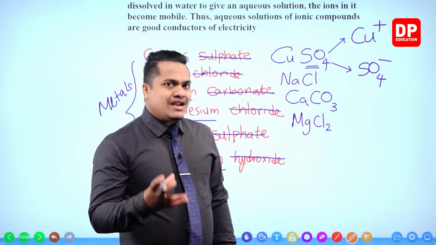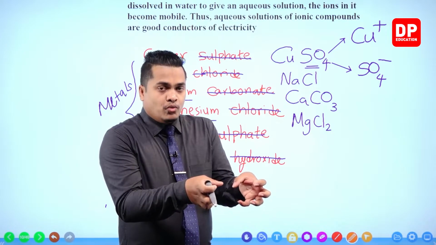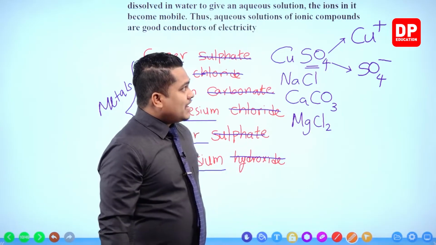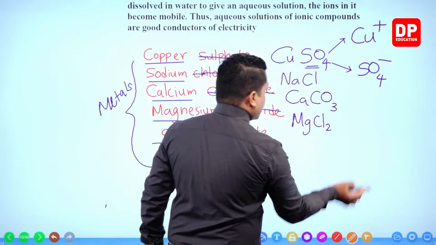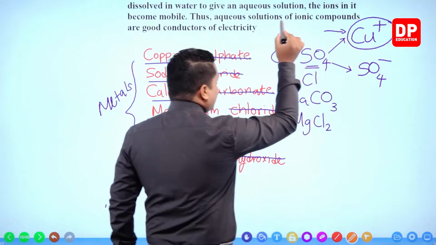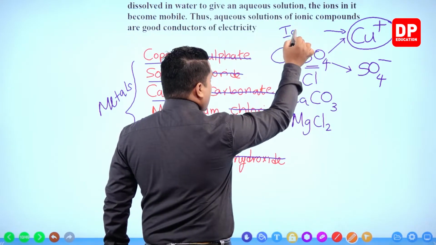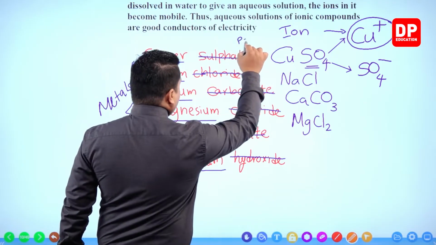So always the metal is the one that becomes positive, and the remaining part becomes negative. The charge borne by an element or group is referred to as an ion. So this is a positive ion.